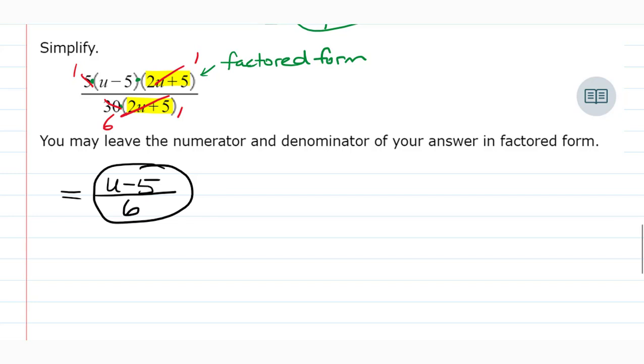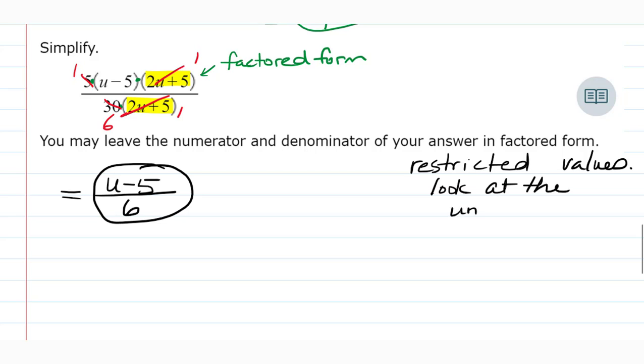Now, what if somebody had asked us for the restricted values? You would have to look at the unreduced form, the form before you reduced.